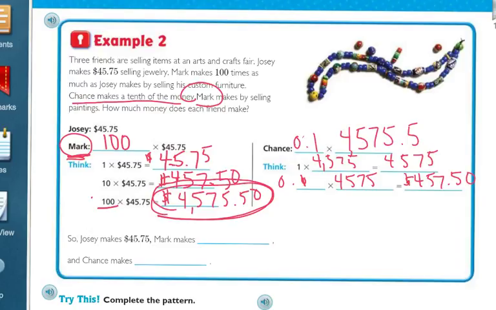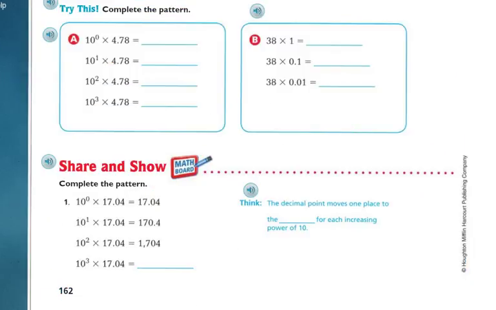Because remember, you're moving your decimal this way, right? You're moving your decimal over 1. So Josie makes $45.75. Mark makes $4,575. And Chance makes $457.50.